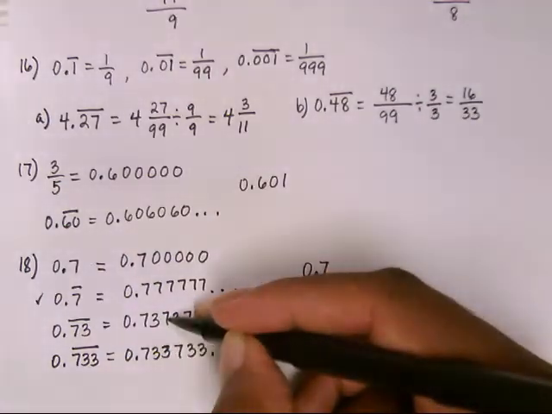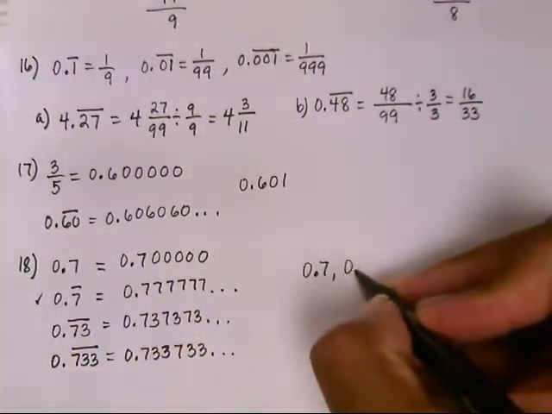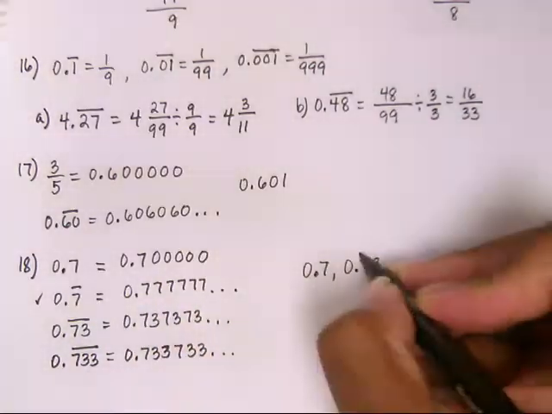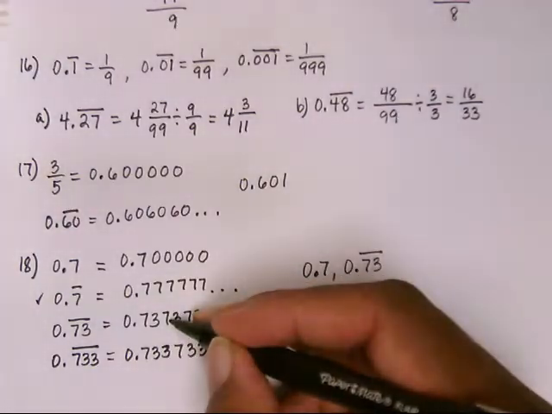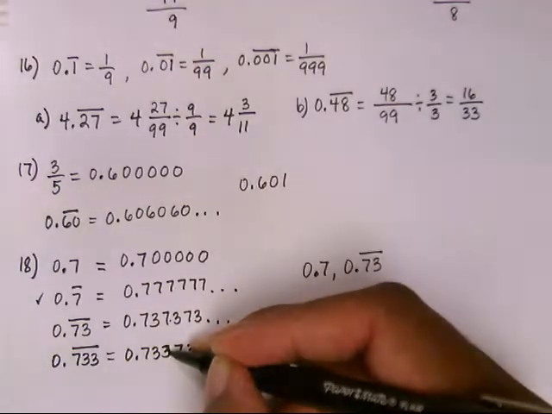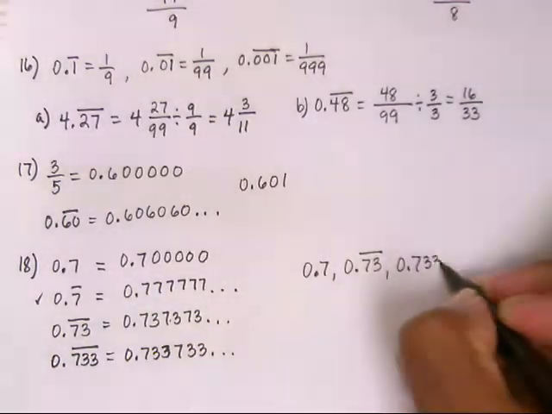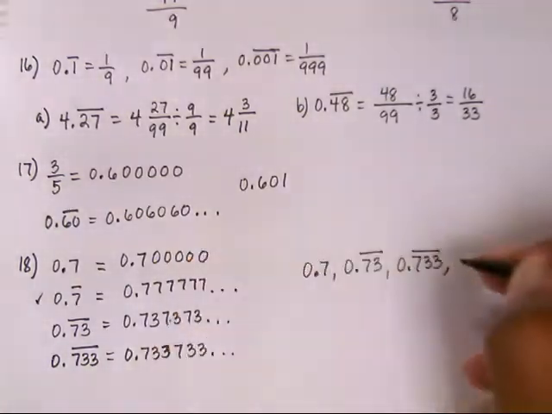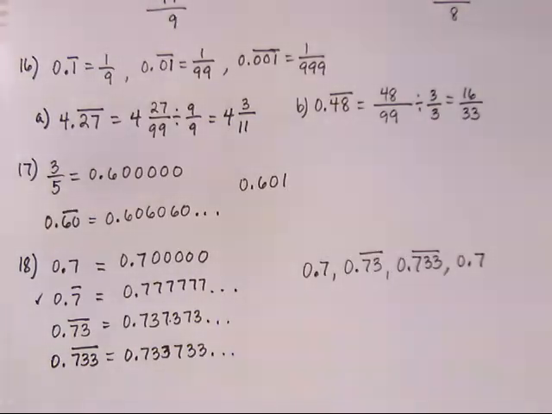This one is the largest. So the next largest will be 0.73 repeating. So if this is the largest, then after that will be 0.733 repeating. And the smallest will have to be 0.7. Okay. So that's the order from greatest to least.